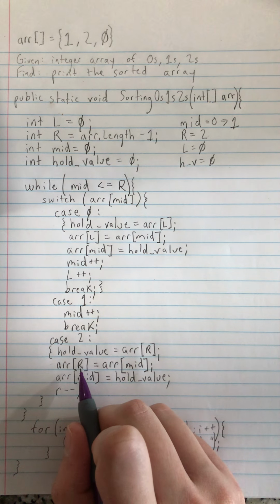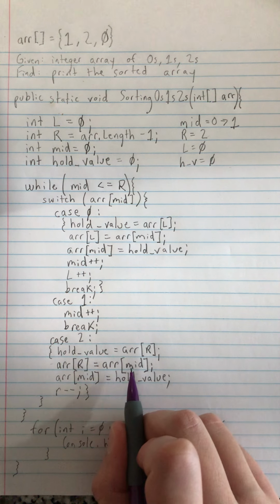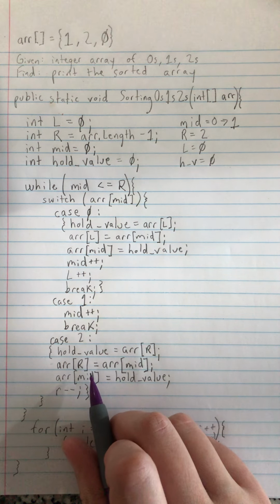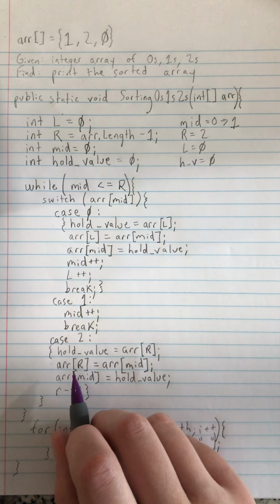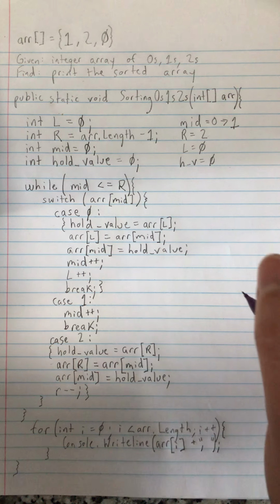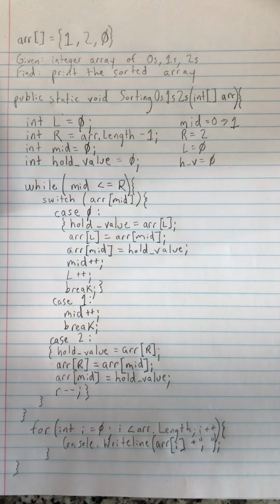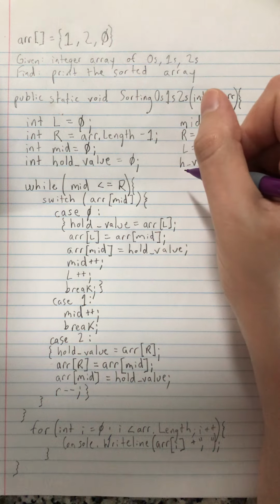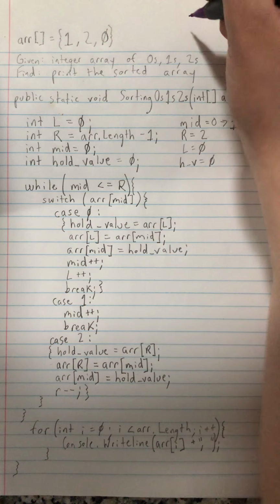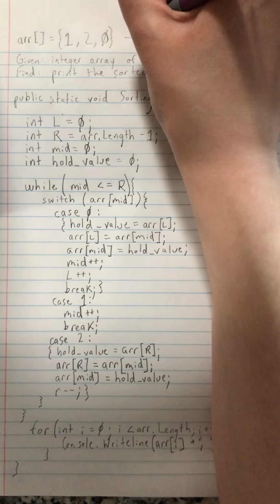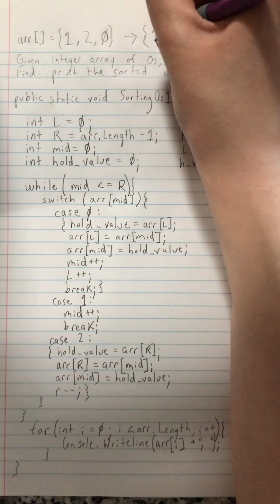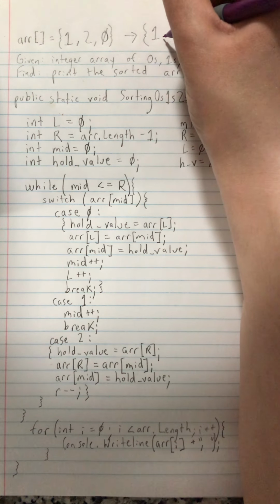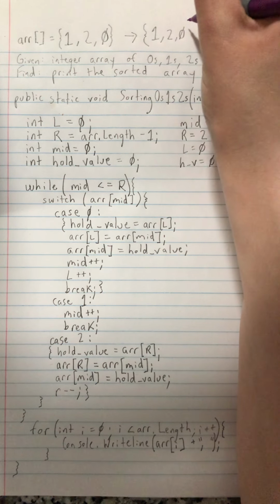Array of mid is assigned to array of R, so 2 is assigned to array of R. Let me draw out the array so it makes sense. After the first step, we moved past the 1 and we still had a 2 and a 0.